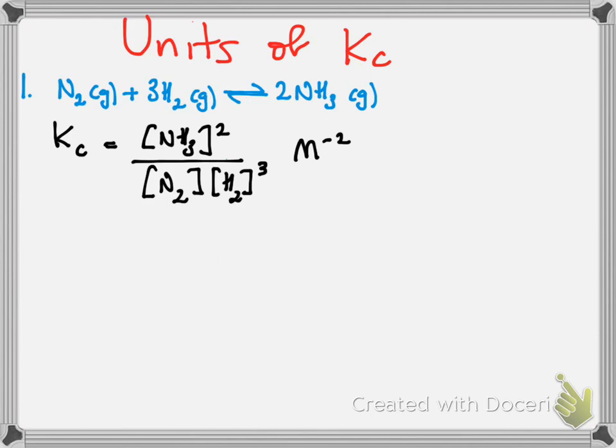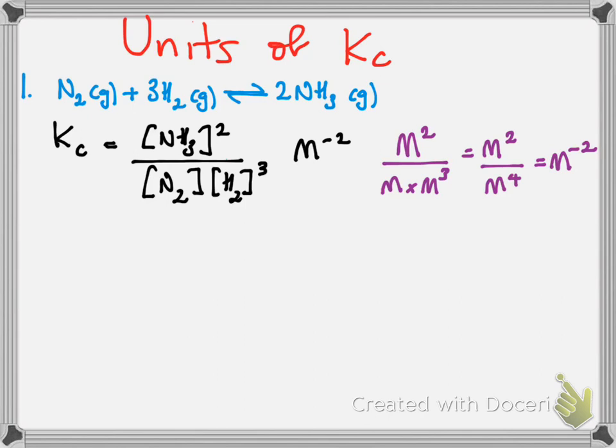Where did I get that one from? Because square brackets means molar concentration, that's the same as molar squared divided by molar times molar cubed. Know your laws of indices, and you end up with M squared divided by M to the power of 4, which is M to the power of negative 2.